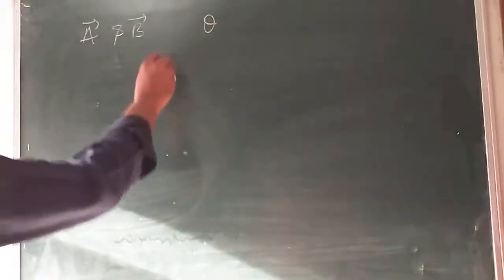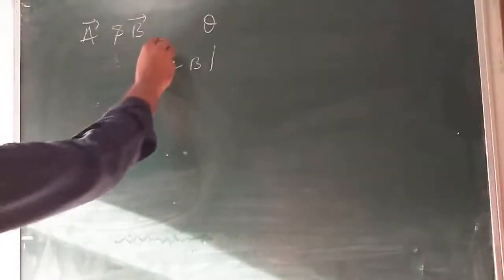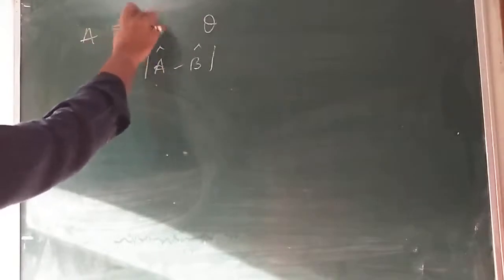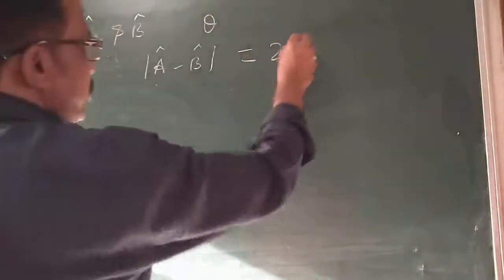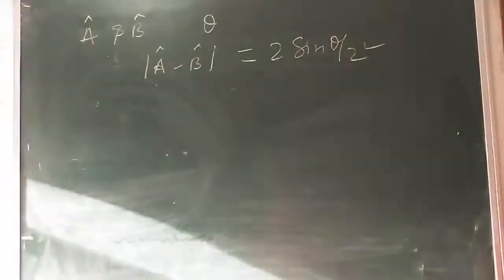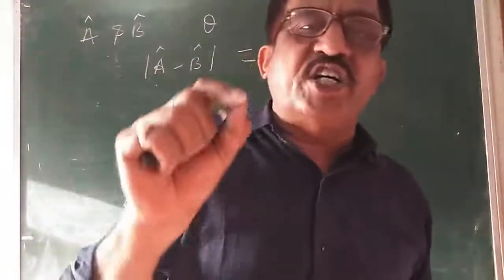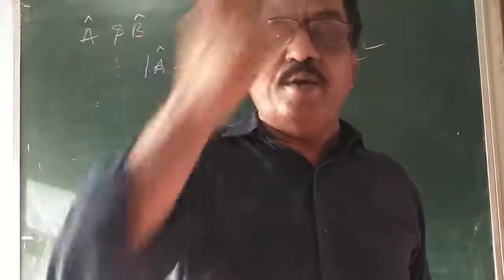Then prove that the magnitude of A minus B, where A cap and B cap are the two unit vectors inclined at an angle theta, is equal to twice of sine theta by 2. It's a very tricky question. Such type of questions are called tricky questions. Use your brain and solve immediately.